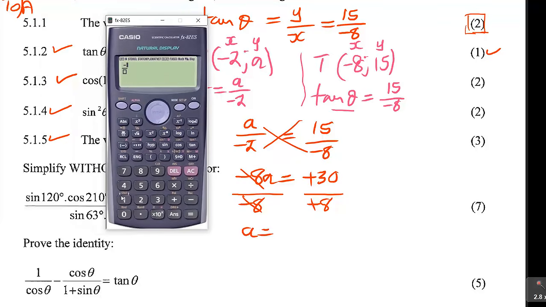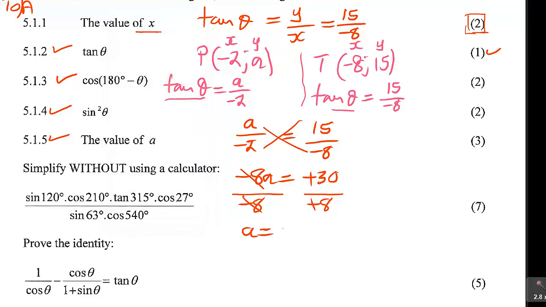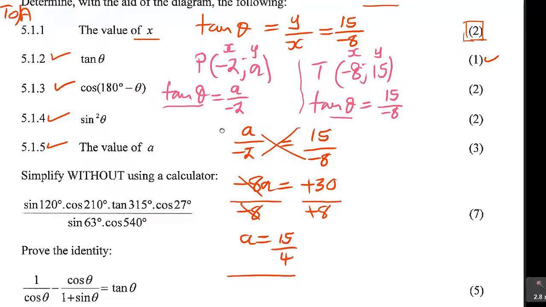What is, it's negative 30 over negative 8. I think it will give you 15 over 4. So these are different ways you could have done it. So that's the first way, a being 15 over 4.